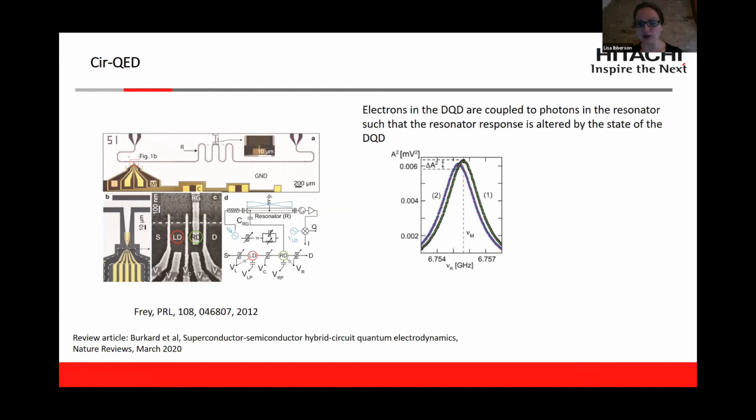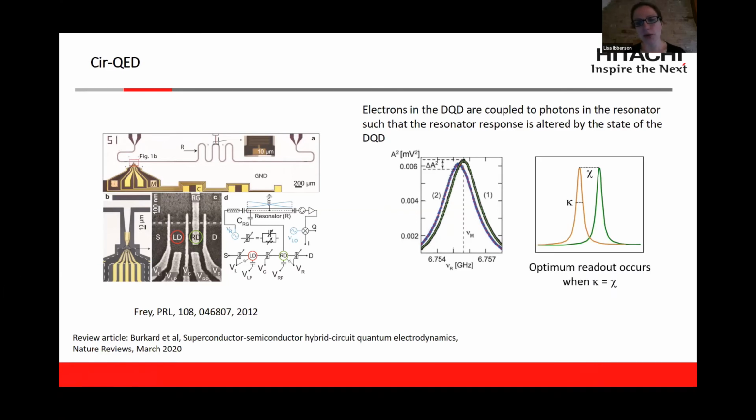Our ability to distinguish between these two states is determined by the line width of the resonator and the separation produced by the two different states. So I've drawn a cartoon on the right to indicate the condition where the states are easier to identify.